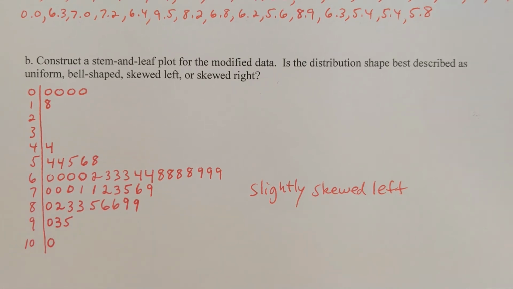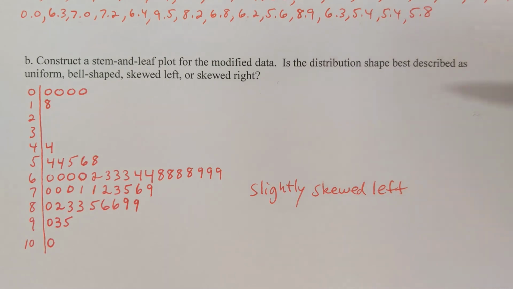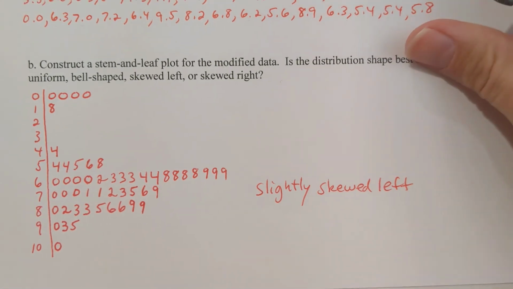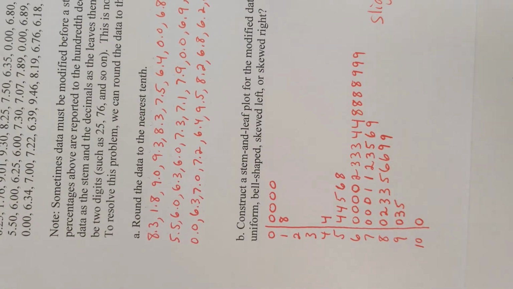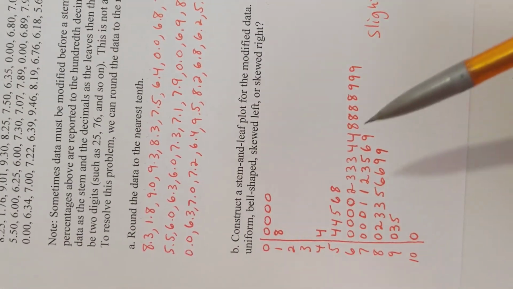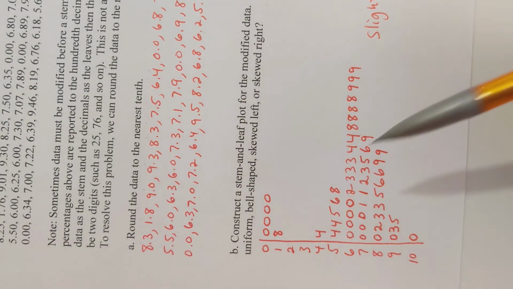They want us to comment on the shape of the distribution. Is the distribution shape best described as uniform, bell-shaped, skewed to the left, or skewed to the right? If we tilt our head to the right, or look at the graph like this, it appears the bump in the graph is more towards the right side than the left side.